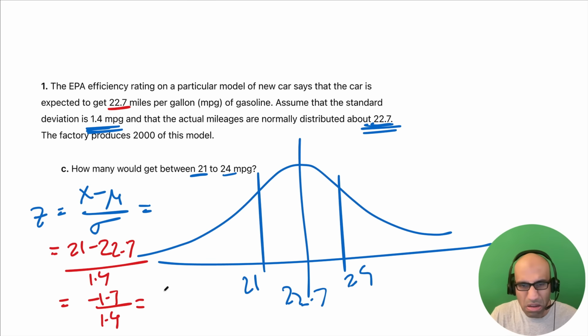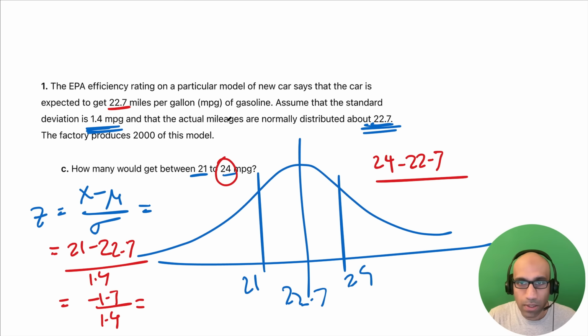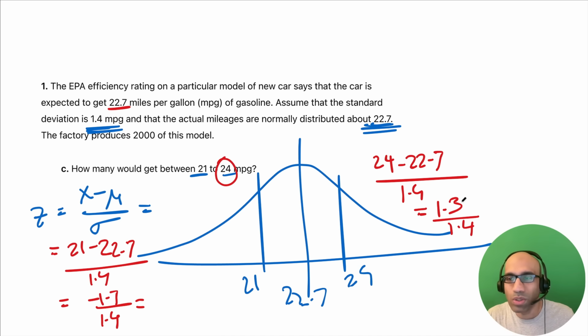Whatever this number is, let's just leave it like this. And then for 24, the z-score is going to be 24 minus the mean, using this formula again, divided by 1.4, which is 1.3 divided by 1.4. You can calculate this, but this is what we need. That's all we need.